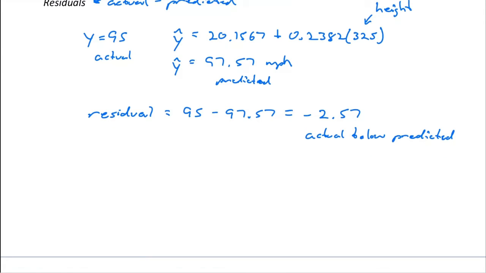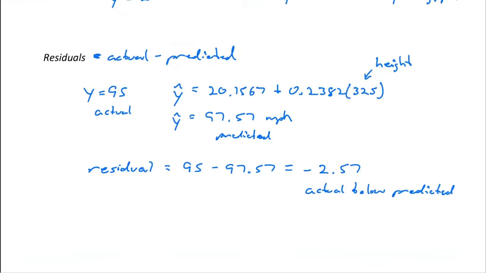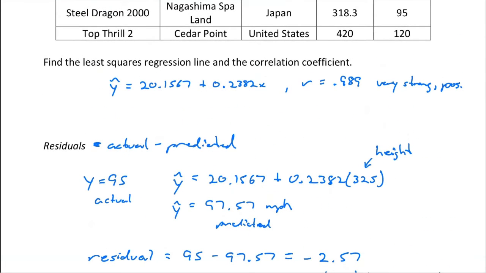Now let's talk a little bit more about the residual. One of the other reasons that the residual is important is that it's actually used, as we talked about before, in finding the actual least squares regression line. All the math being done behind the scenes to get this equation is done using residuals.